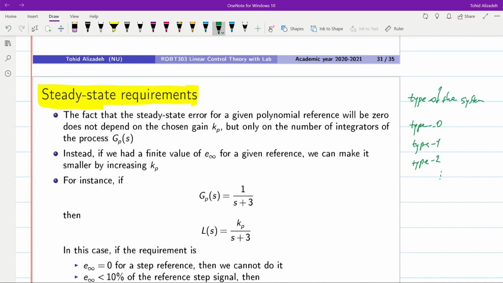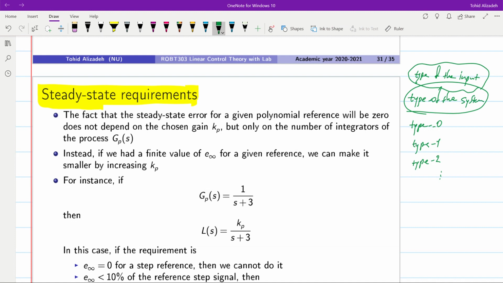When it is 0 or when it is infinity, the value of the proportional controller's gain will not have any effect. The gain of the proportional controller will have effect on the steady state error only when it has some finite value, and it would depend on the type of the system and the type of the input, whether it is step or ramp or parabola or any other input.